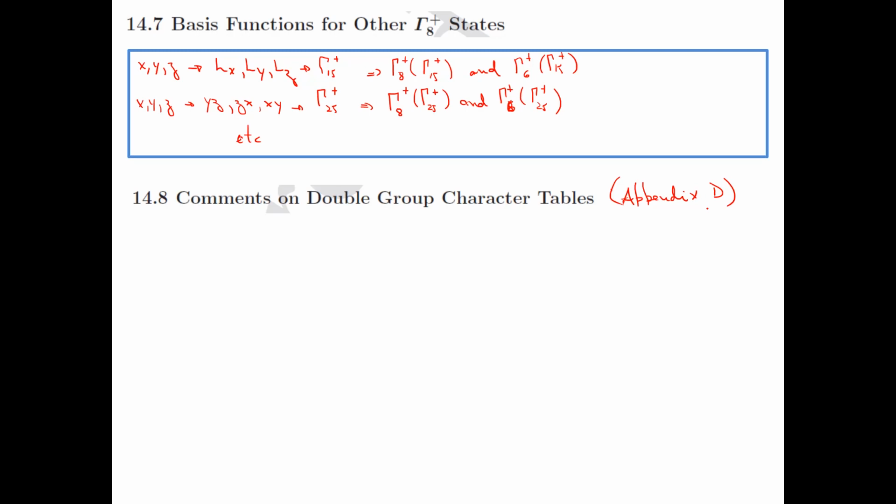So this is information that is already tabulated. I'm just going to go through a few of these tables to show you how they look, right? So how to use the double group tables in Appendix D.